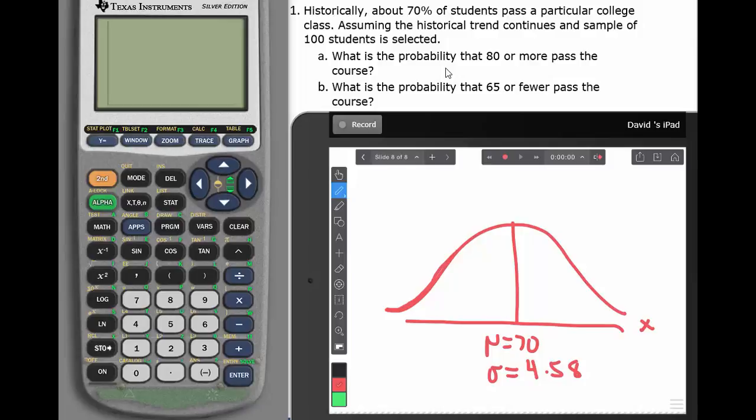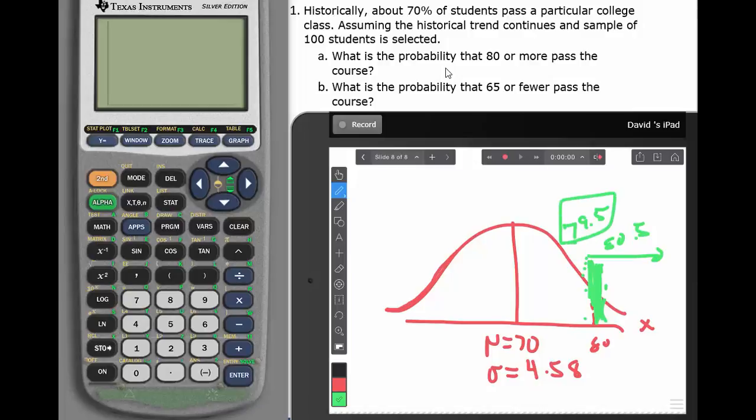So 80 actually, here's 80 on our curve, includes another half on either side. In other words, it goes from 79.5 to 80.5. So everything between 79.5 and 80.5 is actually 80. So when it says that 80 or more, that includes all of this.